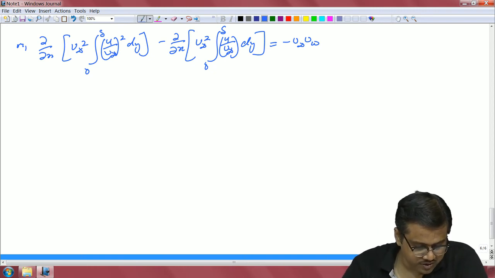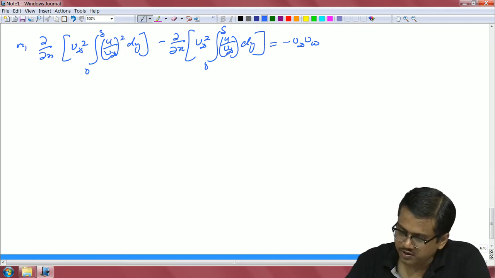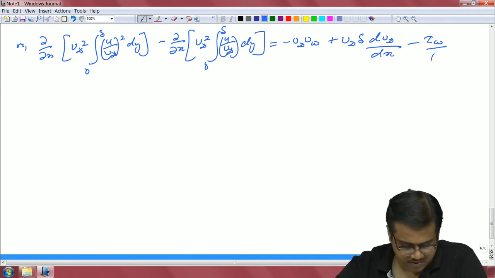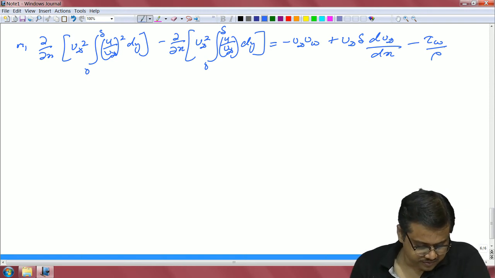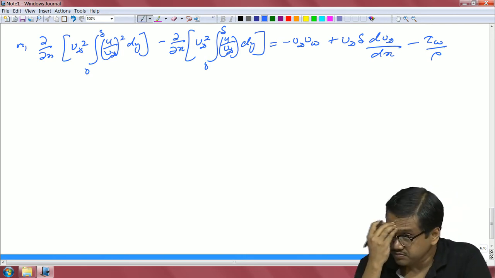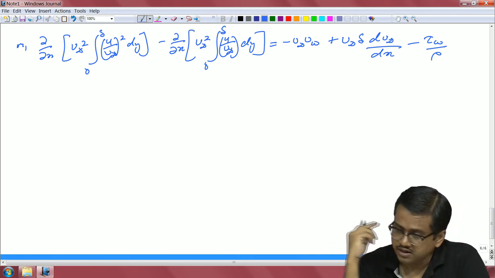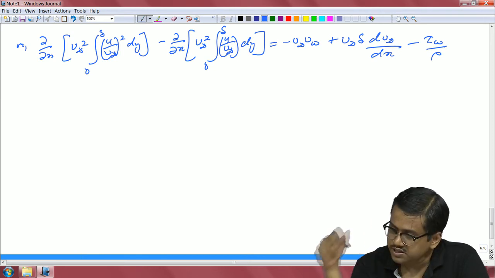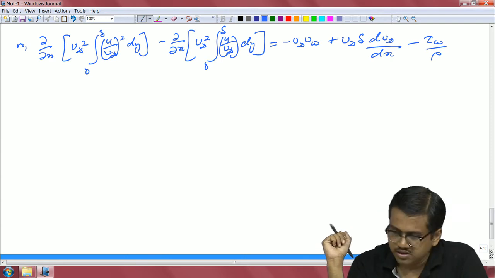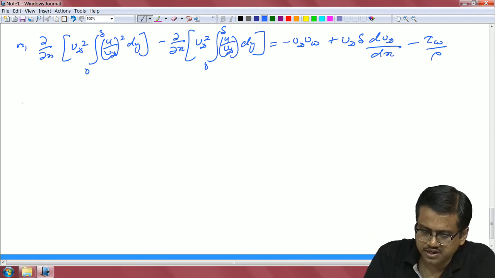So, that is what we are arguing over here, plus u infinity delta du infinity by dx, minus tau wall by rho. So, that would be the other part of that term. The tau wall by rho is basically nothing but du by dy evaluated at the wall. So, this is the total expression that you get.